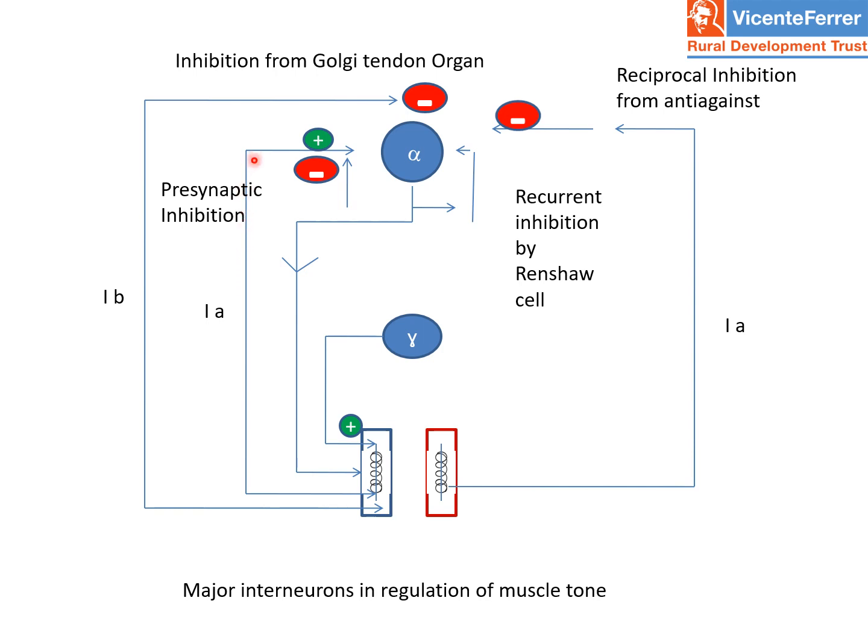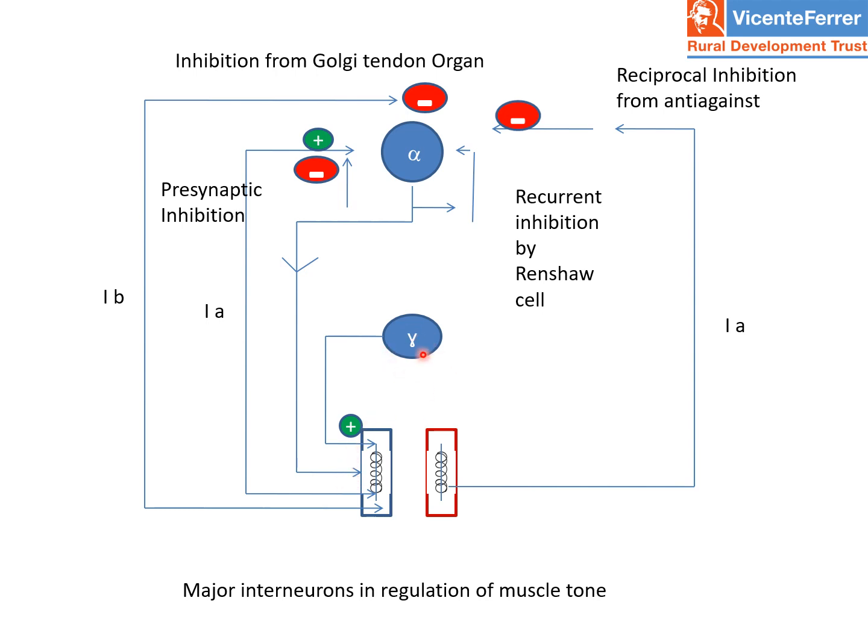In relation to that, it will activate the alpha motor neuron. Once the alpha motor neuron gets activated, the extrafusal fibers will be contracted. This is the basic loop of the muscle stretch reflex.